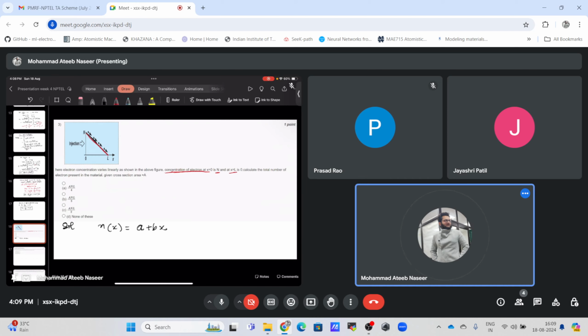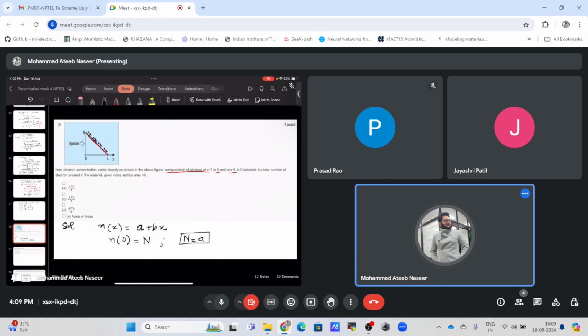At x equal to 0 the concentration is n, so a is equal to n.